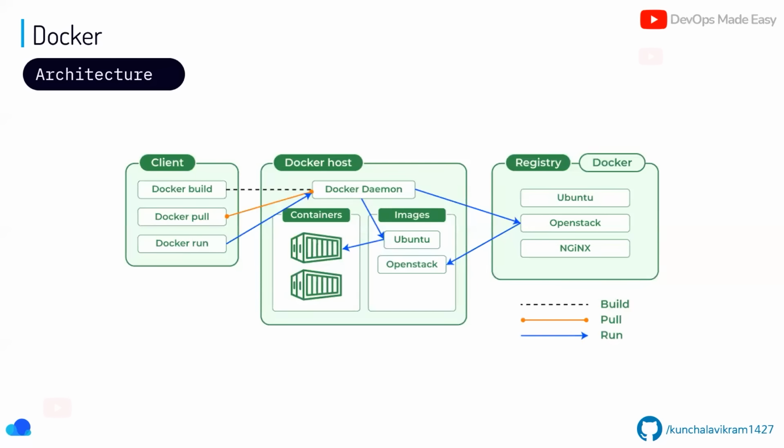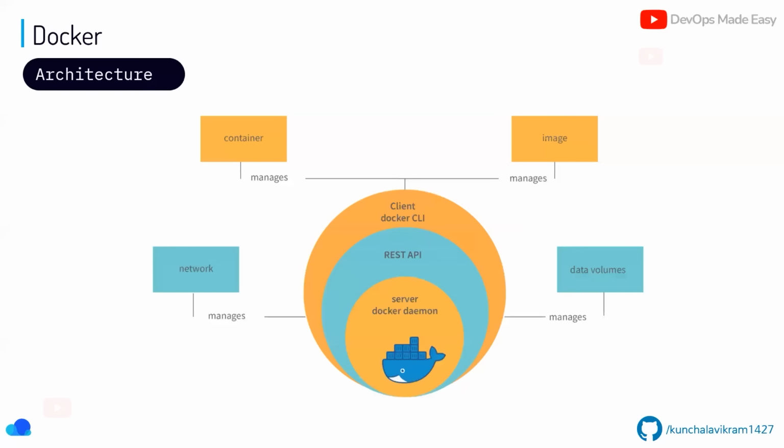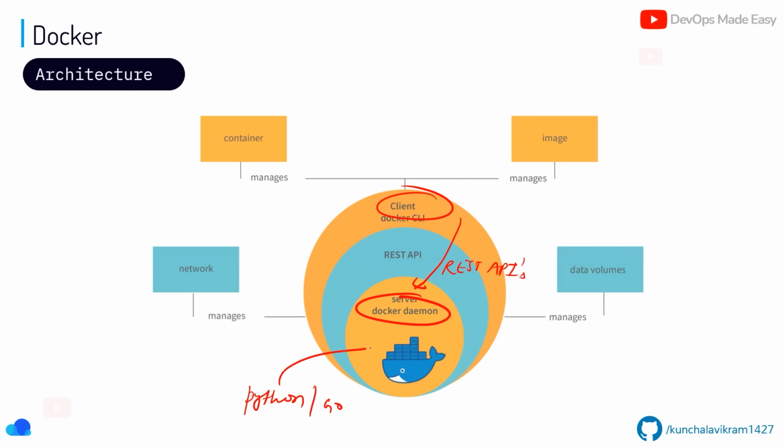And these are various images I've just taken from the internet, all are the same. Same daemon. You have a client tool and the client talks to the daemon over the REST APIs, as we already discussed. You can also write some programming using Python or Golang, and you have the ability to talk to the daemon programmatically.